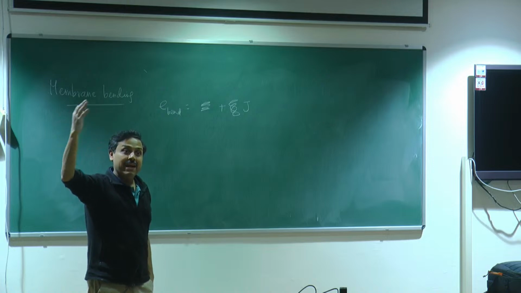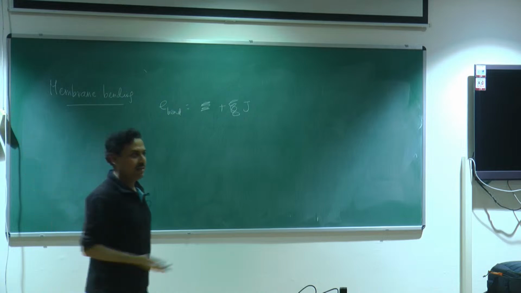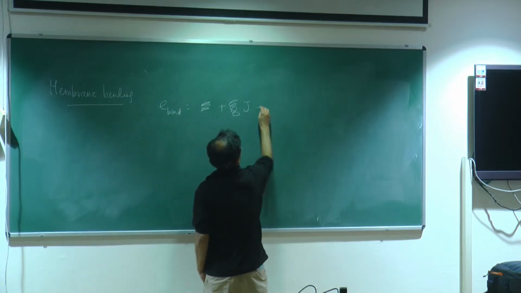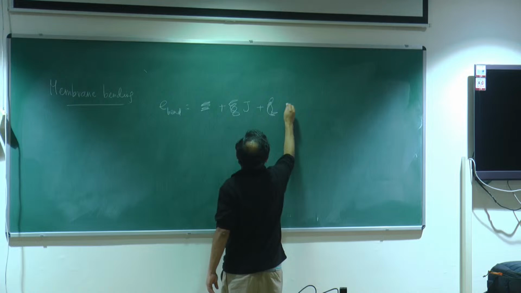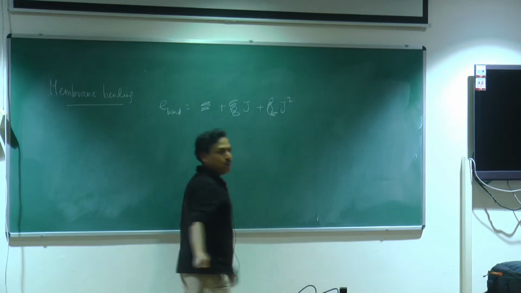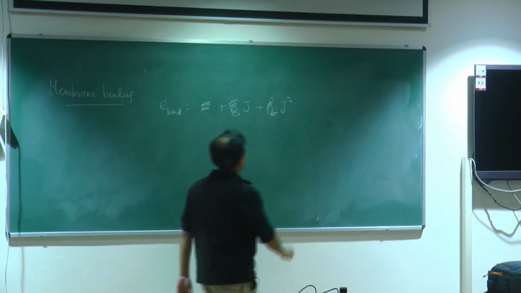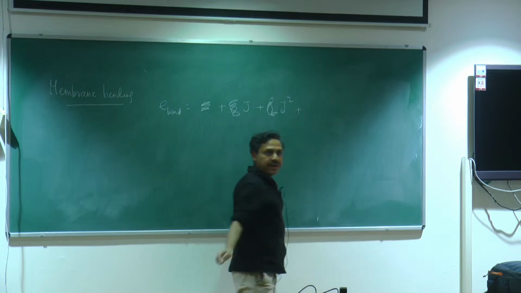But can I create a quadratic in J? Yes, I'll just square it, J squared. These are the coefficients which I don't know anything about. Then this is not the only quadratic term that can exist.